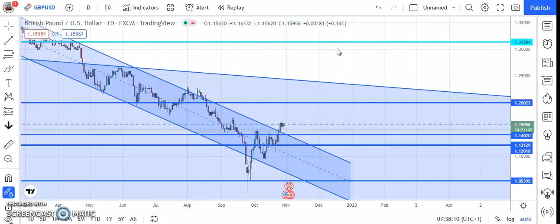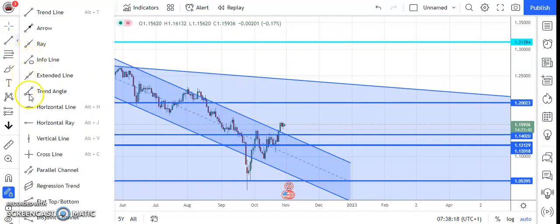The next one is the pound US dollar, GBPUSD. So with this one, guys, we just broke out of this trend line here, and we might see something like this.